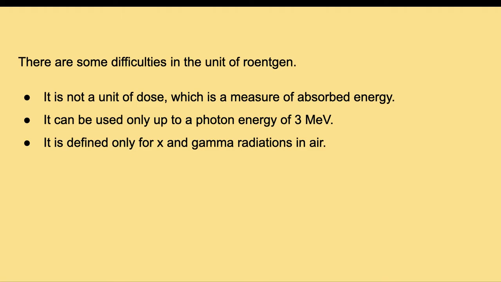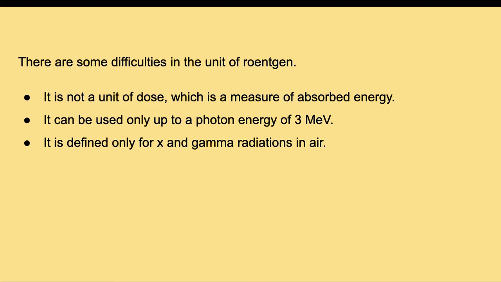So air you are taking as a standard and not biological systems, etc. And it is defined for the charge produced by photons and not by electrons, protons, heavy charged particles, etc. That you are not considering.